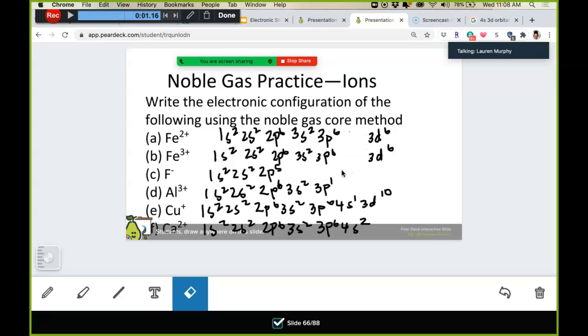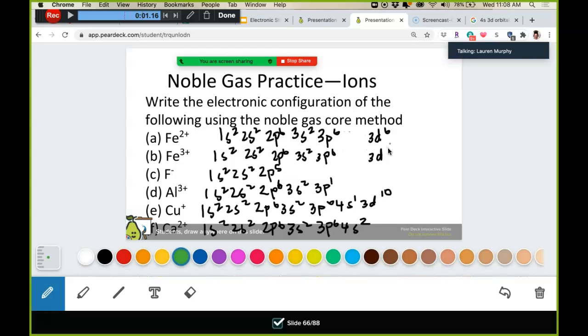You will remove from the d orbital next, because this 3d orbital is slightly shielded by the 3s and the 3p orbitals, making the electron easier to remove from there. So this is the electron configuration for the iron 3+ ion.